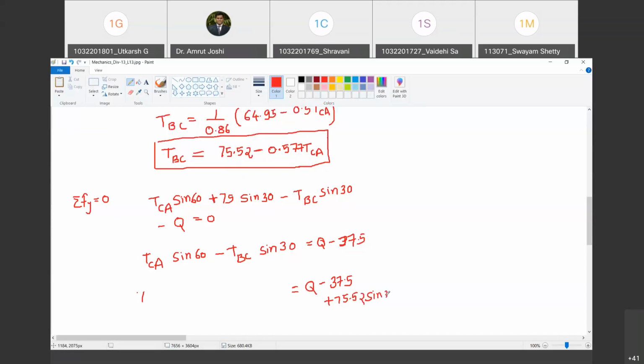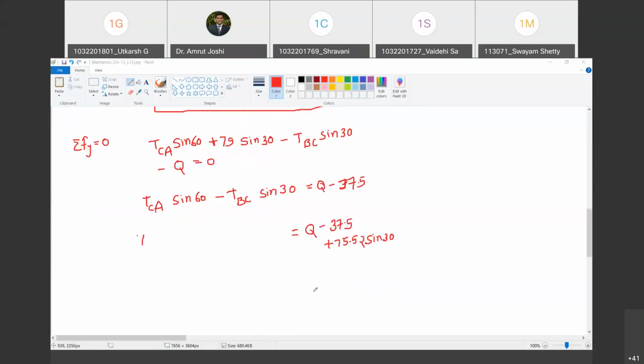Can you simplify this further and tell me how much is minus 37.5 plus 75.52 sine 30? Give me a minute. It is positive 0.26.